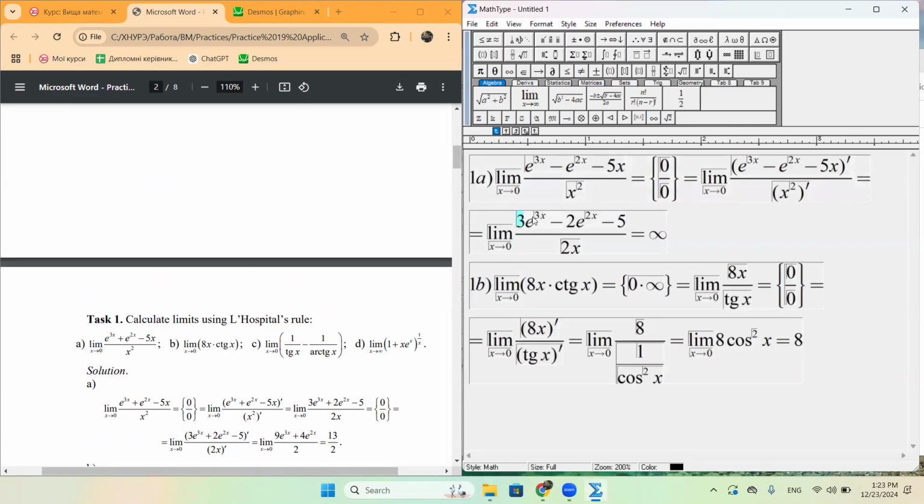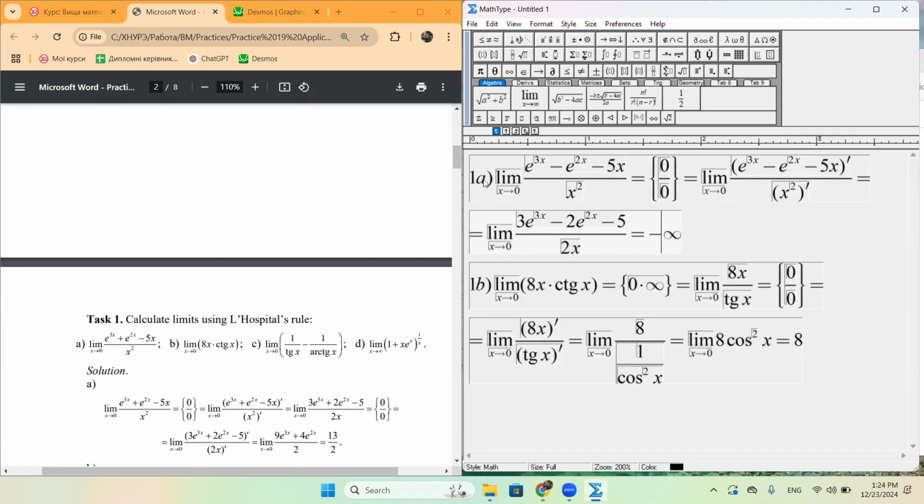If I substitute 0 here, 3 minus 2, so 1, then minus 4 divided by 0. So it is minus infinity even. Have I answered your question? Yes.